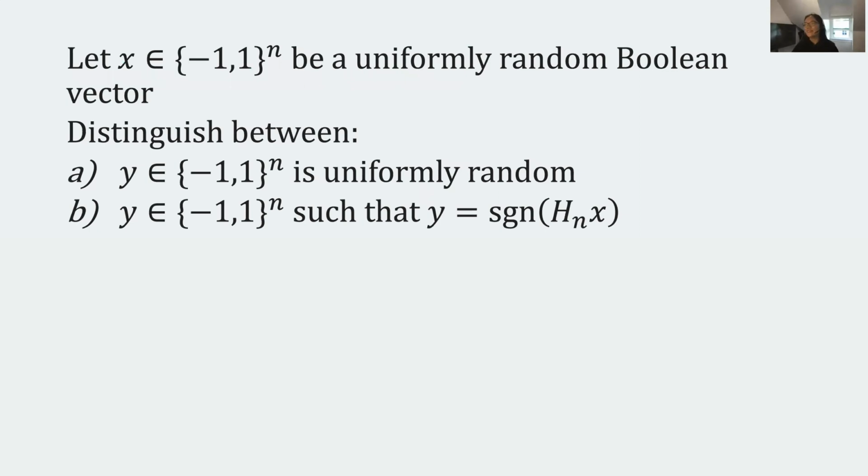Okay, so back to this problem. My second distribution is that y is kind of like the Fourier transform of x, but then I round it to plus minus 1.